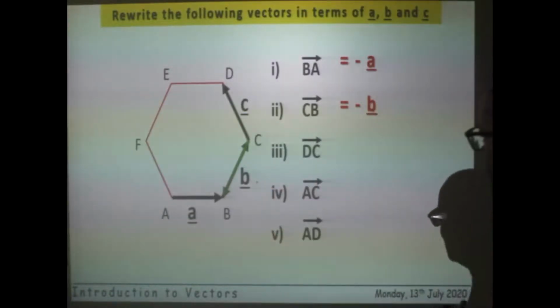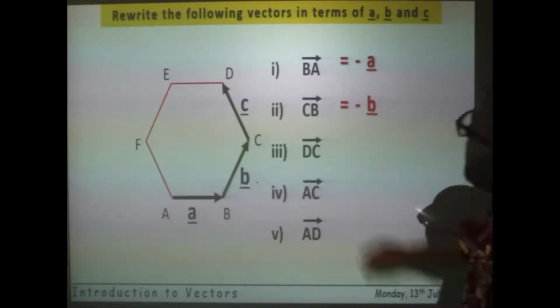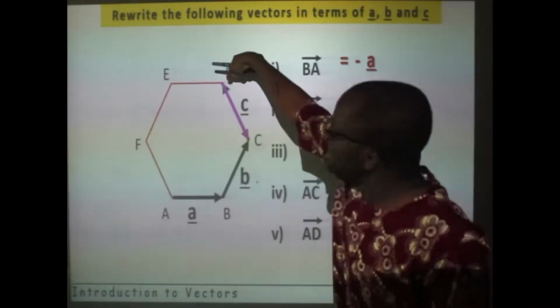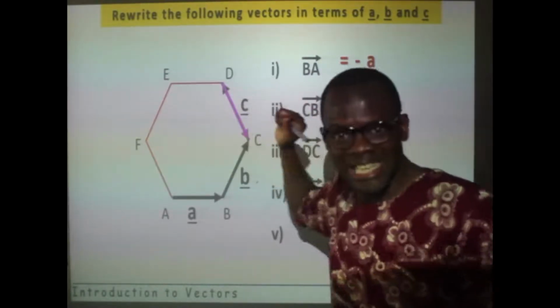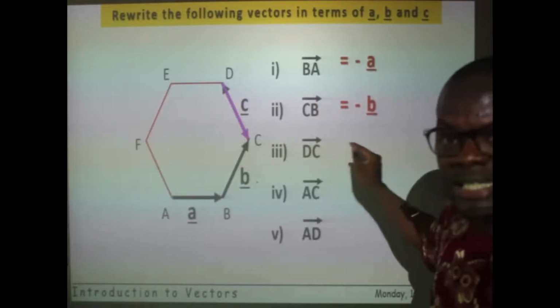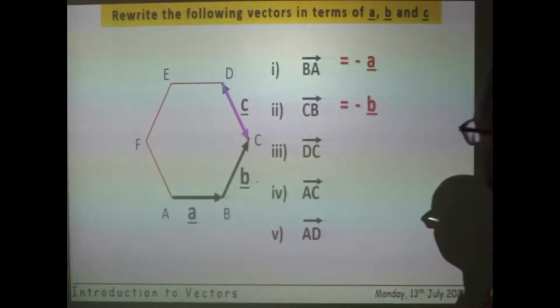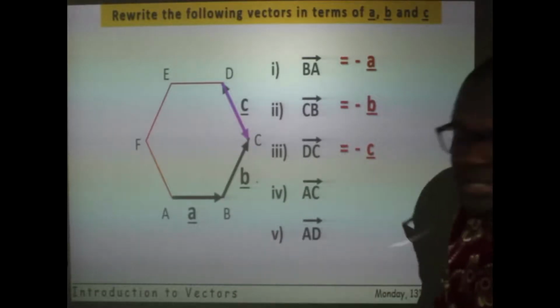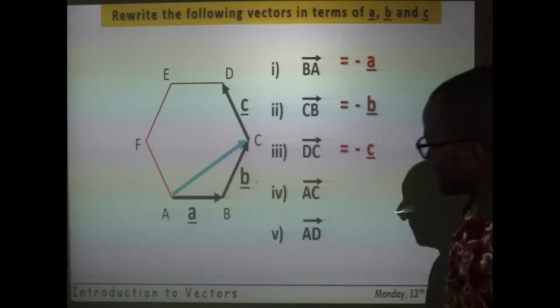That's the next one. How about the vector DC? Now look at DC. Again, DC is pointing in the opposite direction as the vector CD. And so, the vector DC will be minus, can you guess? Yes, minus C. Okay? Right, how about the vector AC?